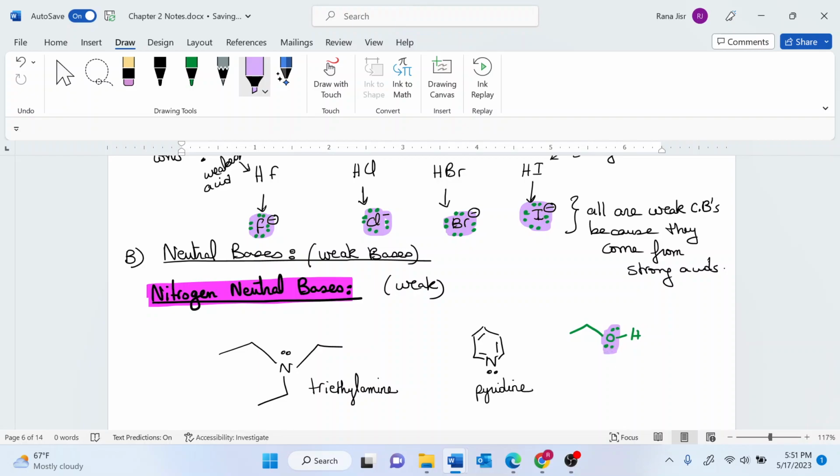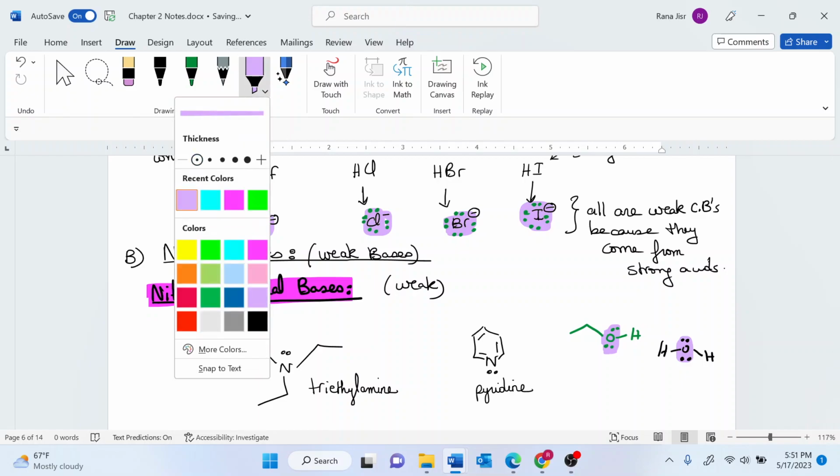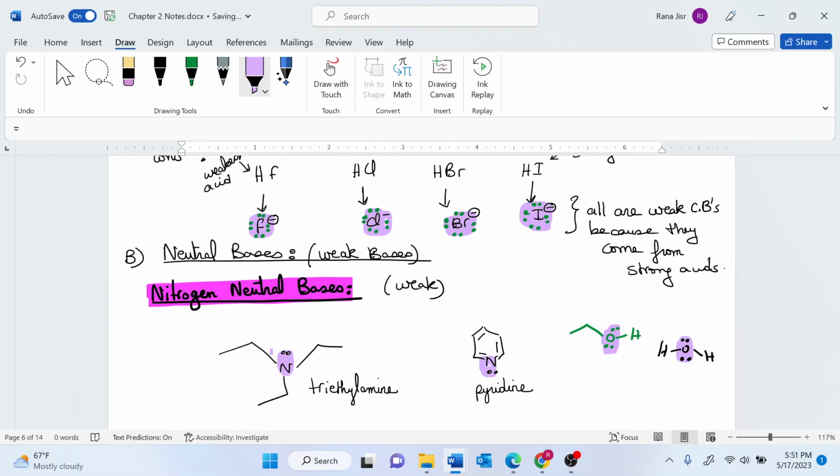Similarly, water is also an example of a neutral base. So all of those are examples of neutral bases where the oxygen or the nitrogen carries a zero charge. Regardless of which one, both are examples of bases.